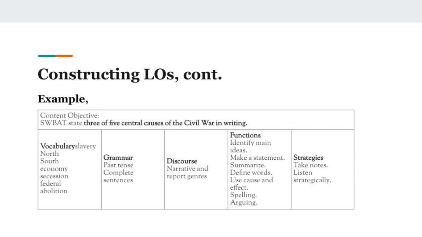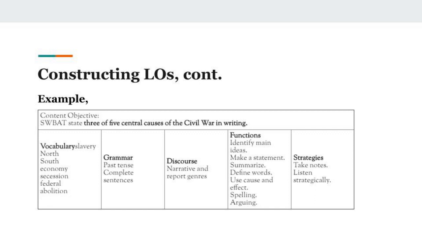So there are vocabulary items to be learned, words such as slavery, north, south. Of course, these words need to be learned by non-English language learners, but compared to them, English language learners will probably face a bigger challenge because English is not their mother tongue.